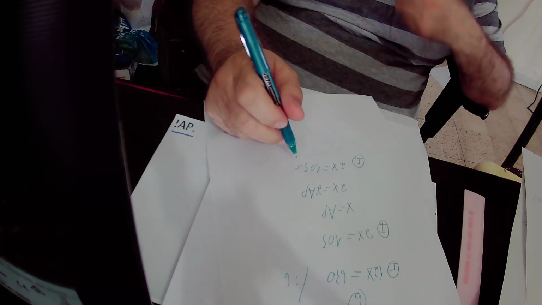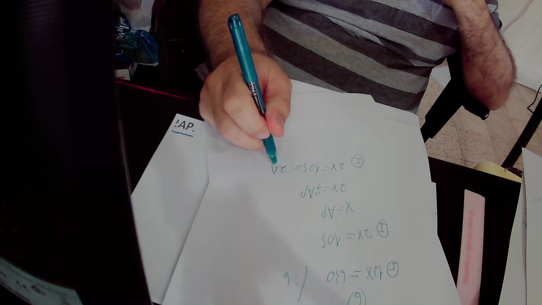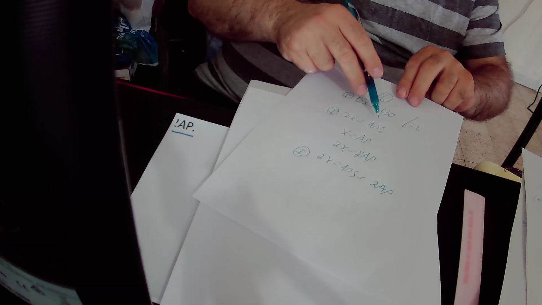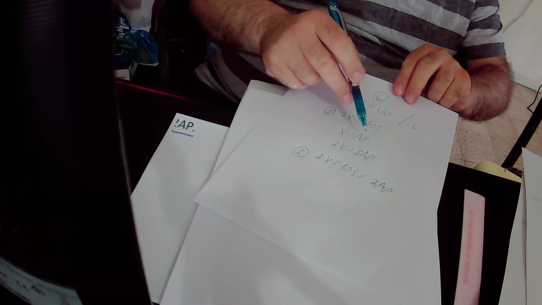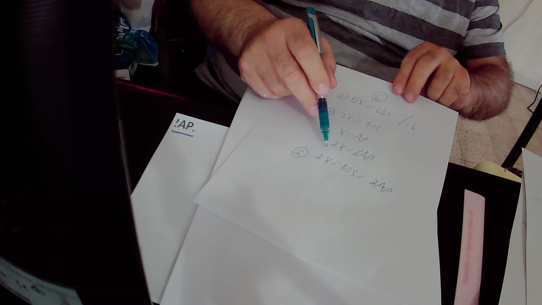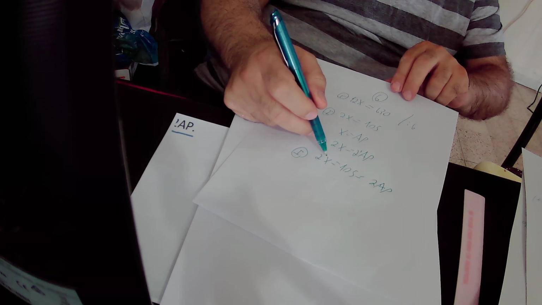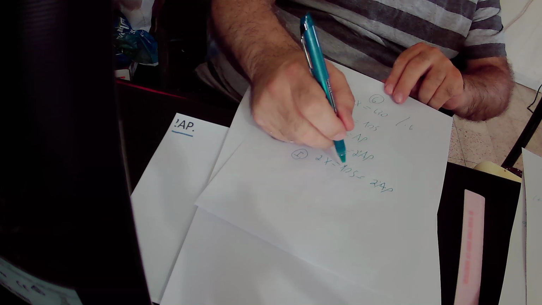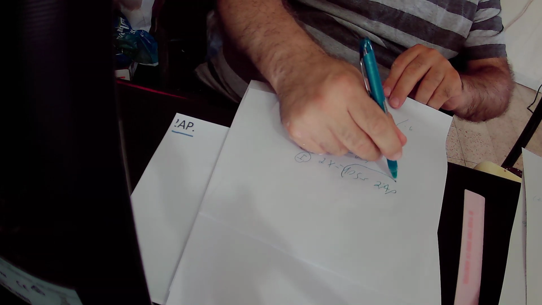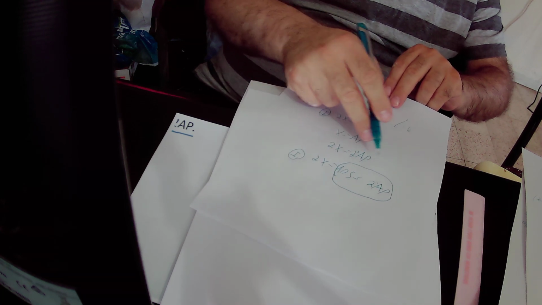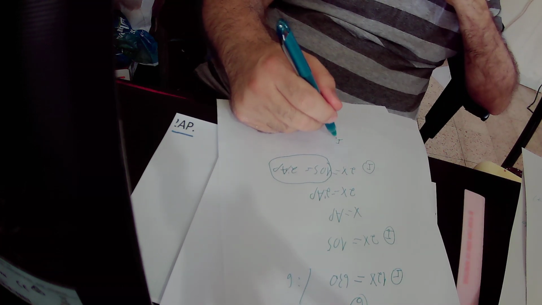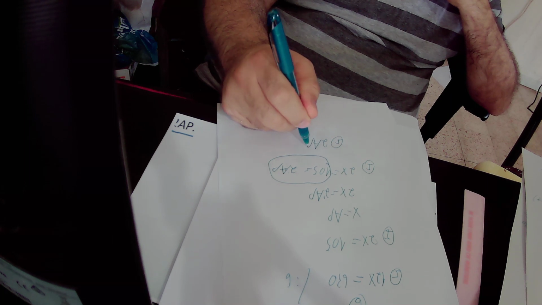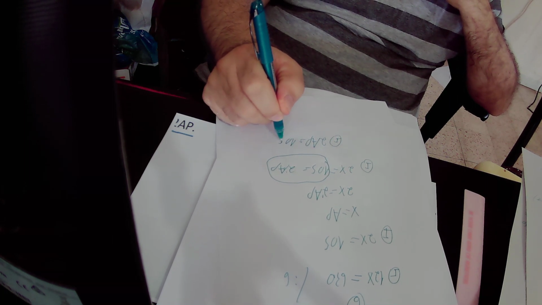Again, 2 times x equals 105, but 2 times x equals also 2 times AP, so 2 times AP equals 105.